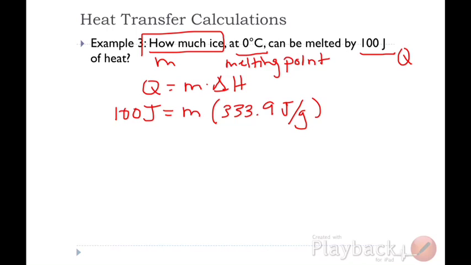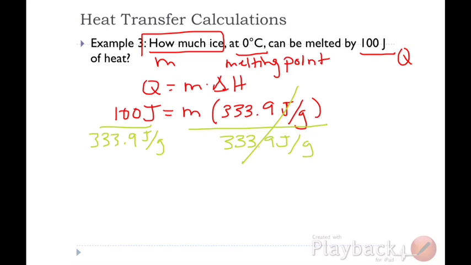Again, you don't have to memorize these heats of fusion or vaporization. You can look them up. Okay, so we're trying to get mass by itself, or M by itself. So we need to undo this multiplication by dividing the same thing on both sides of the equal sign. That is just using the algebra that you know. So that's going to cancel. 100 divided by 333.9.